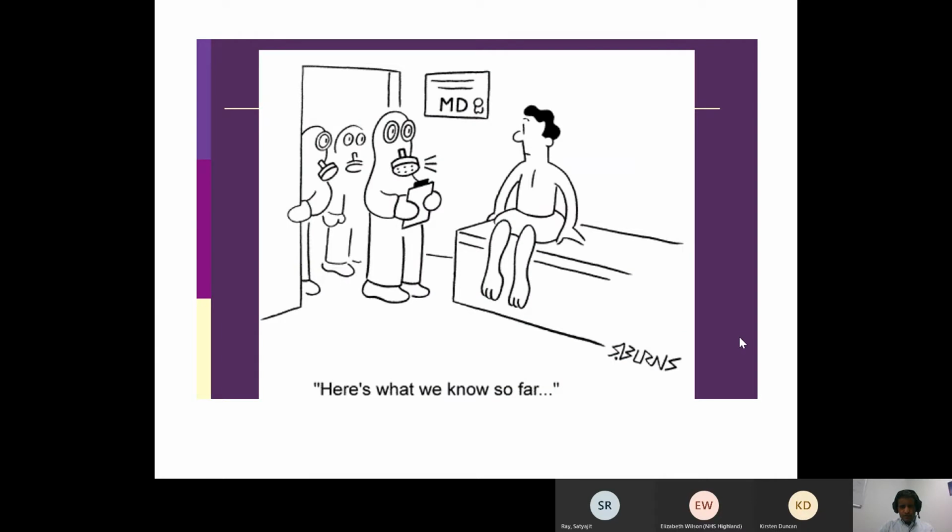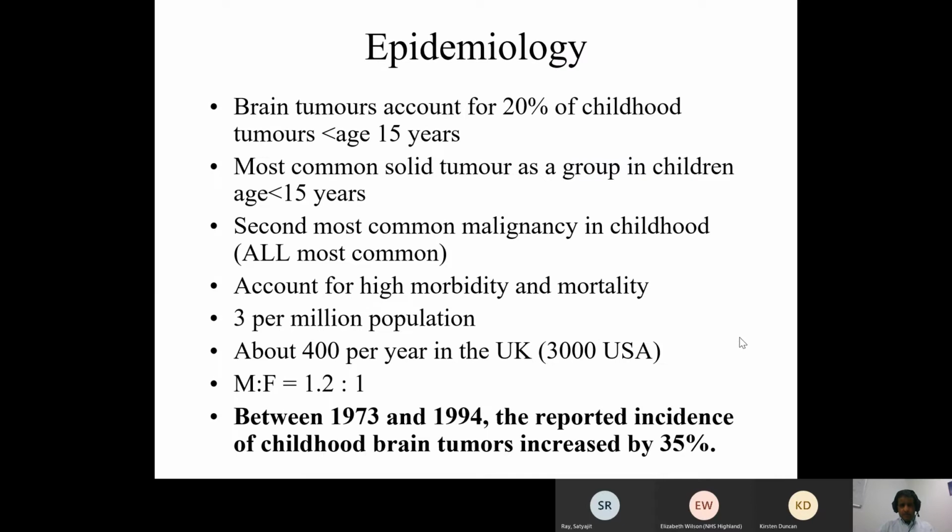Coming back to what we know so far about brain tumors in children, brain tumor accounts for about 20%, now it's actually more like 25%, of children under the age of 15 years. It's the most common solid tumor as a group in children under 15 years. It's only second to ALL.